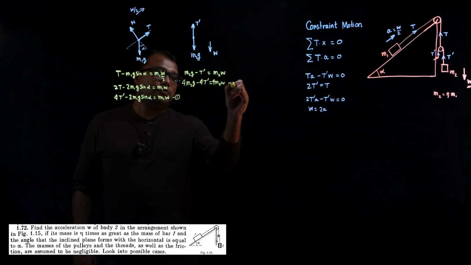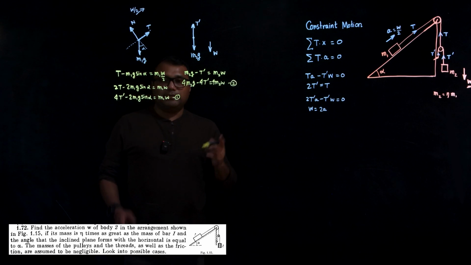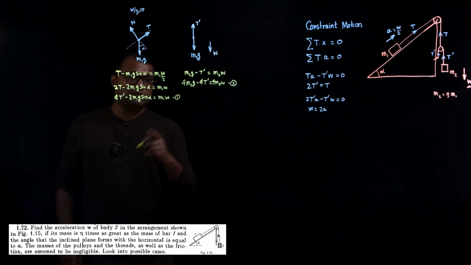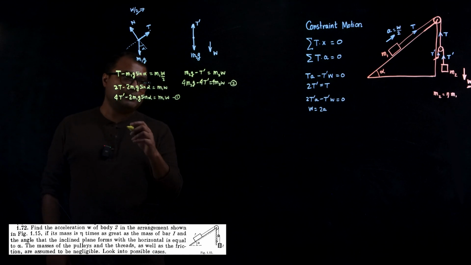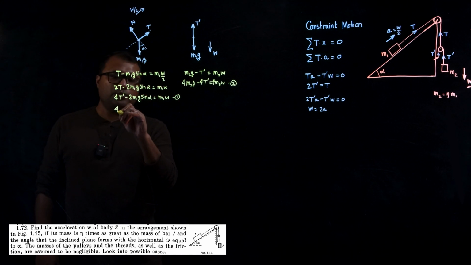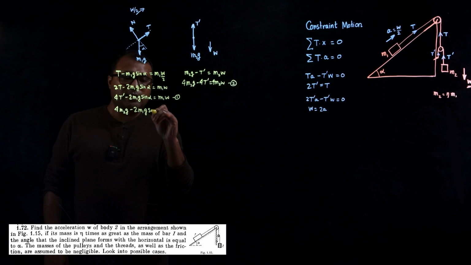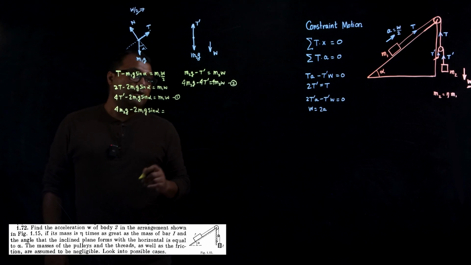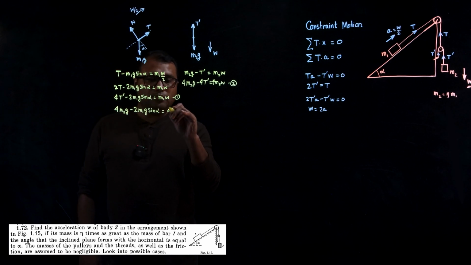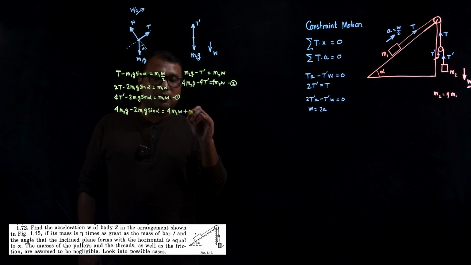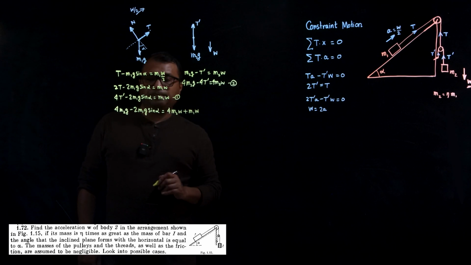Equation 1, equation 2. Let's add equation 1 and 2. So the 4T dashed terms get cancelled. So 4M2G minus 2M1G sine alpha gives me 4M2W plus M1W.